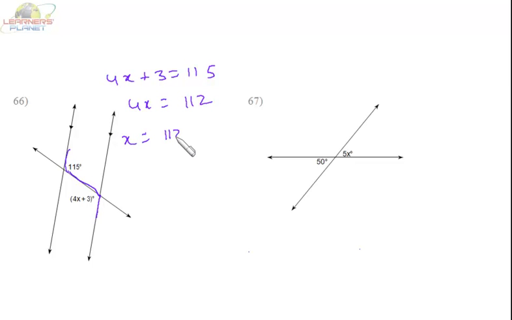So x is equal to 112 by 4. So it's 38 degree. Okay. I'm sorry, it's 28. Okay. Here 5x is 50 because they are vertically opposite angles. So 5x is 50. That means x is equal to 10. Okay.